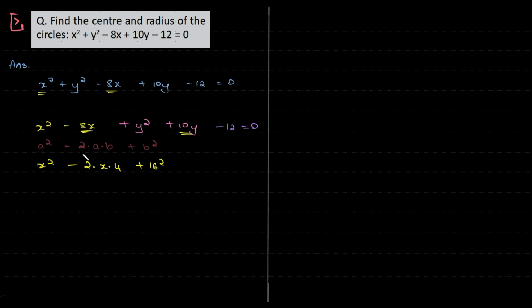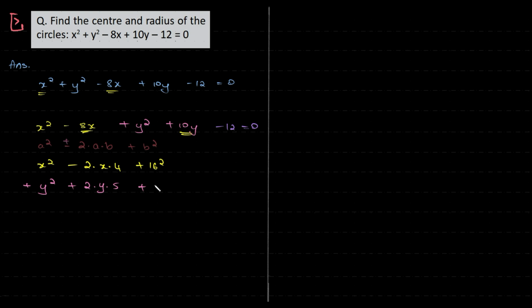Next we have plus y square plus 10y, which I'll write as plus 2 into a, which is y, into 5. Does it make sense? We are making use of both plus or minus 2ab. So plus 2 into a into b.